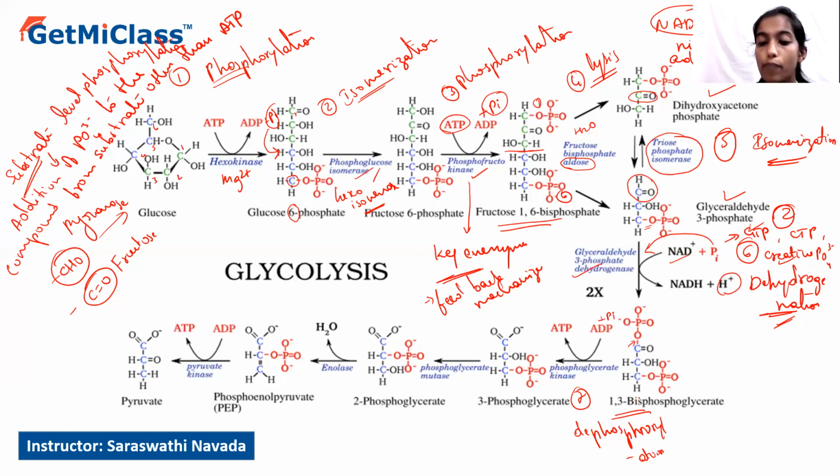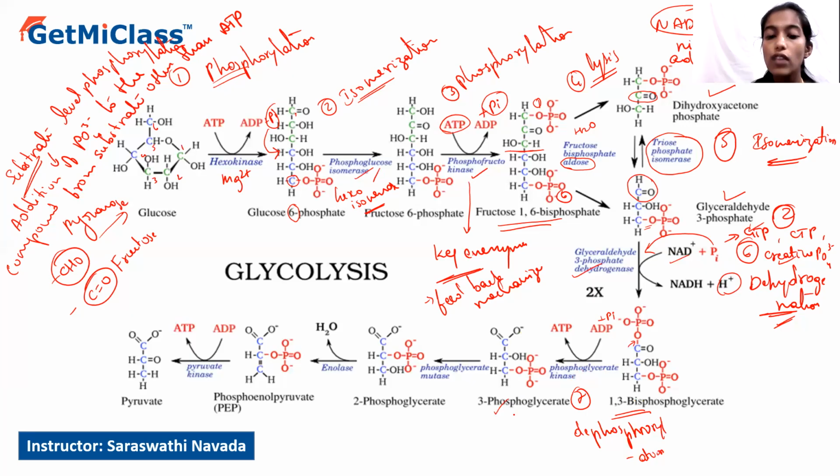Out of the 2 phosphate molecules in the 1,3-bisphosphoglyceric acid, 1 molecule will be removed, and that phosphate will be accepted by ADP to form ATP, and the resultant product formed will be 3-phosphoglycerate. The reaction is catalyzed by the enzyme phosphoglycerate kinase.